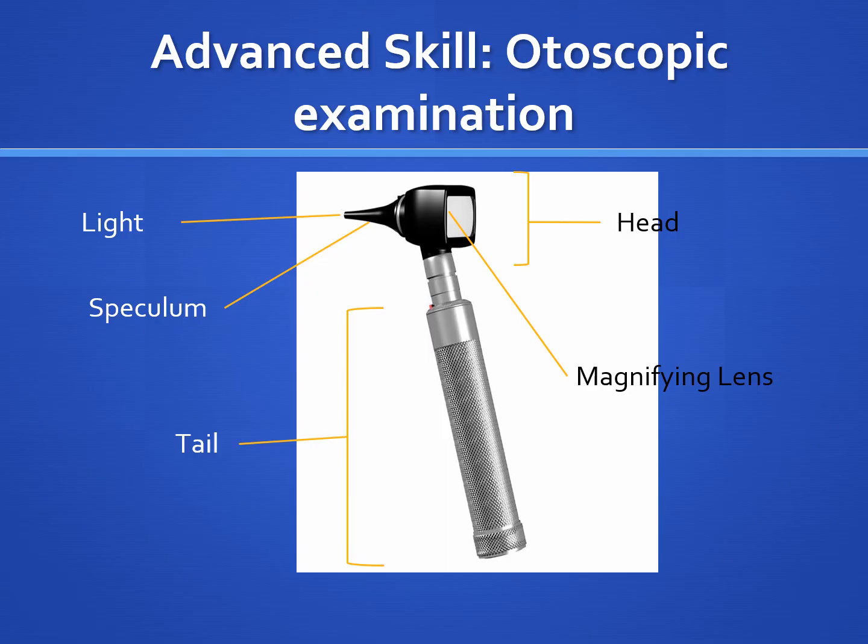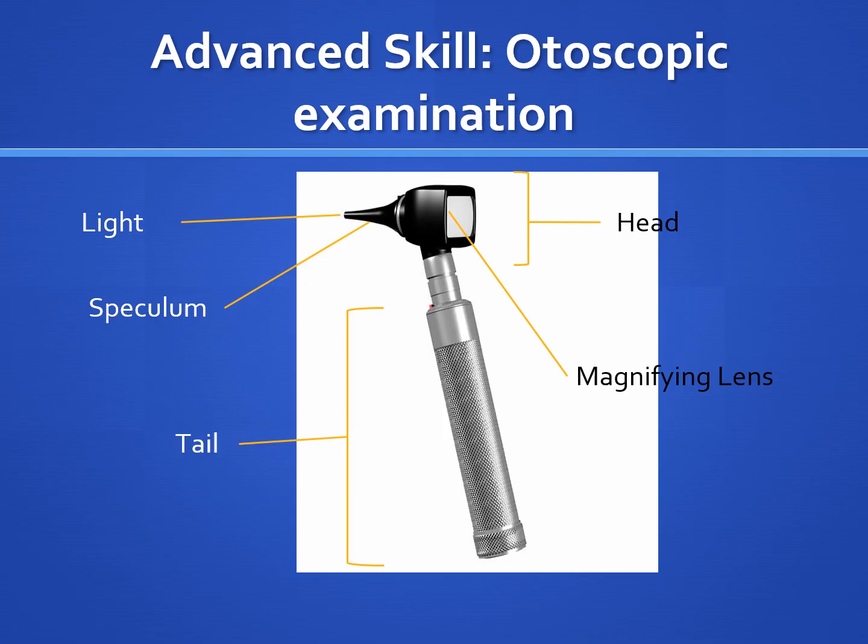We have a light that provides illumination, the speculum, which is the part that is inserted into the ear, a magnifying lens, which allows us to visualize the structures of the inner ear, the head, which contains the lens and the light, and the handle, which is what we grip and hold.